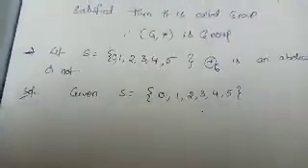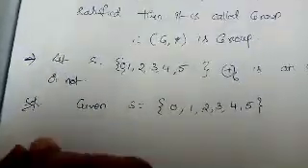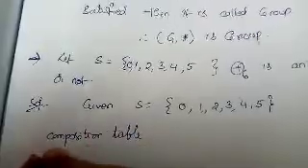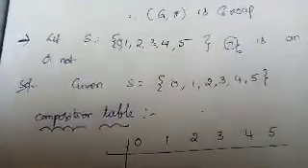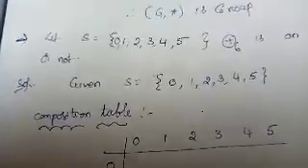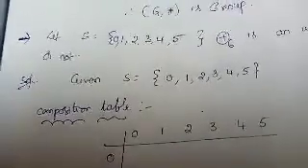So in this one, we have to write the composition table. First we have to write the composition table with 0 1 2 3 4 5 along the top and 0 1 2 3 4 5 along the side.